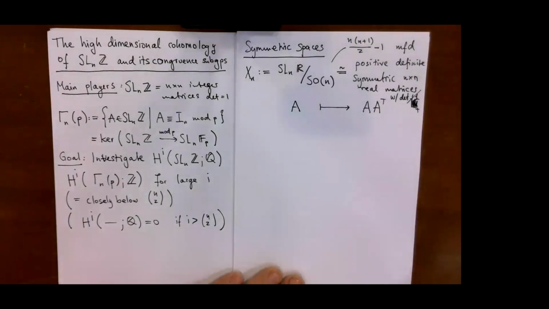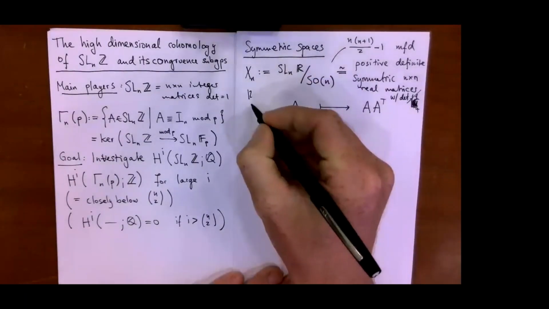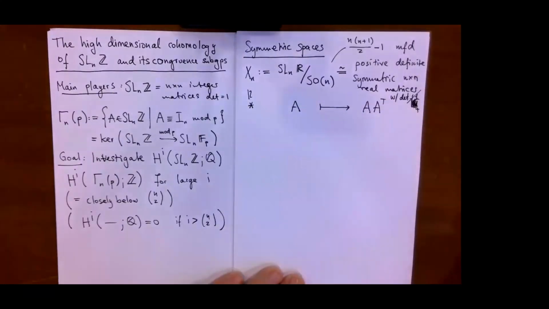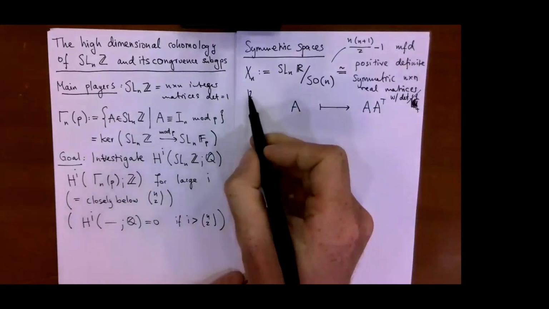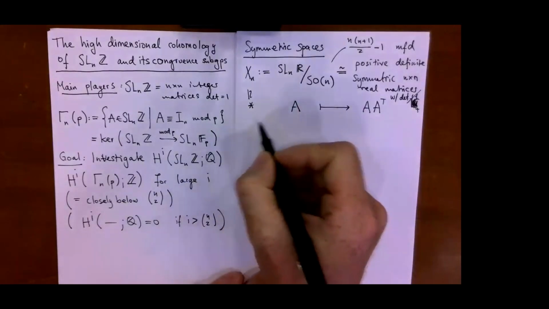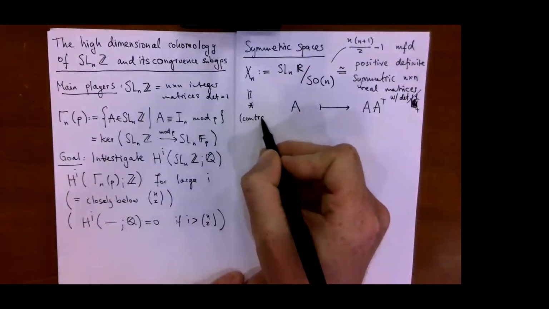Okay, now we've already seen, and this is quite important for our story, that Xn is contractible. So this is what I write for being contractible. It's homotopy equivalent to a point is what that means. But maybe I'll just write it out, contractible.